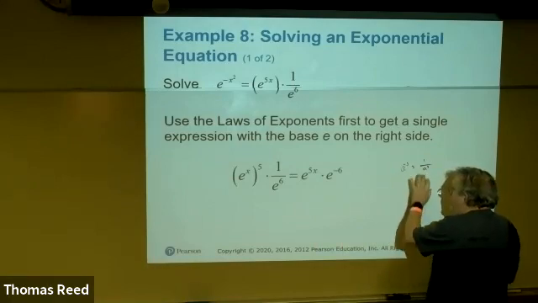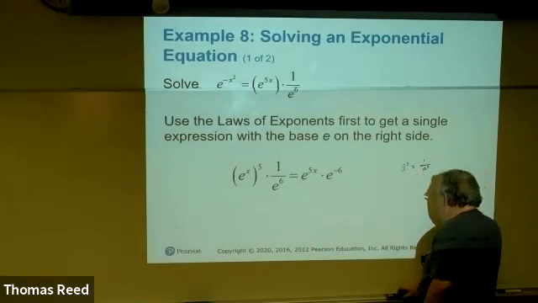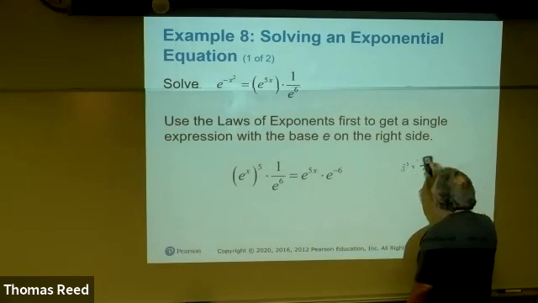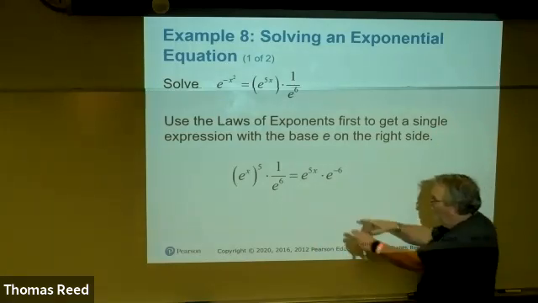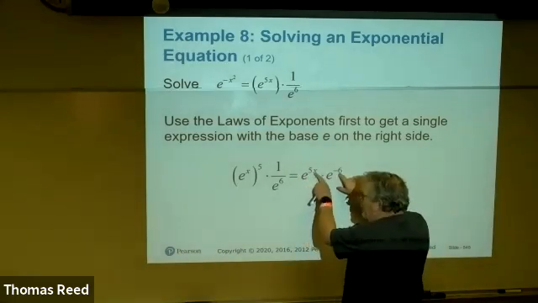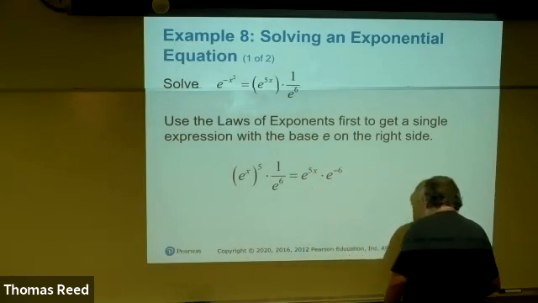Remember, I said we were going to be using these properties a lot. Now, when I'm multiplying like bases, I combine my exponents. So this becomes e to the x minus 6.